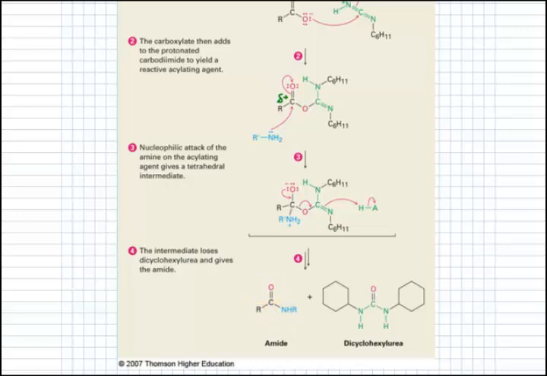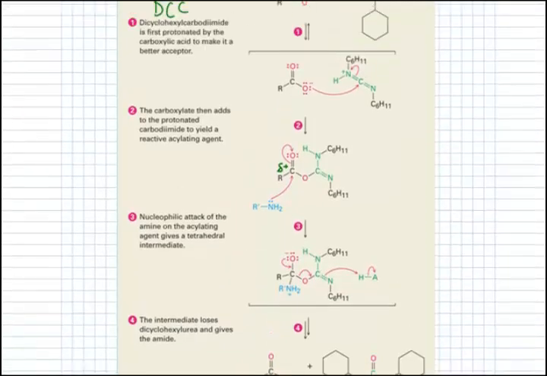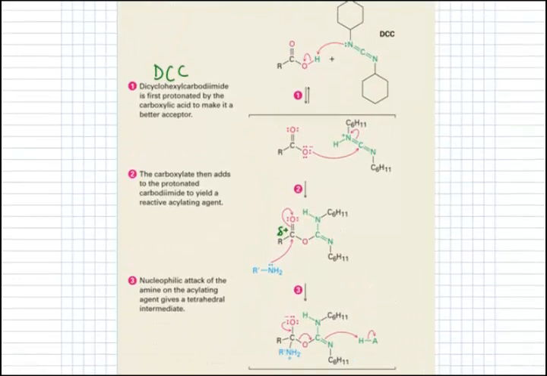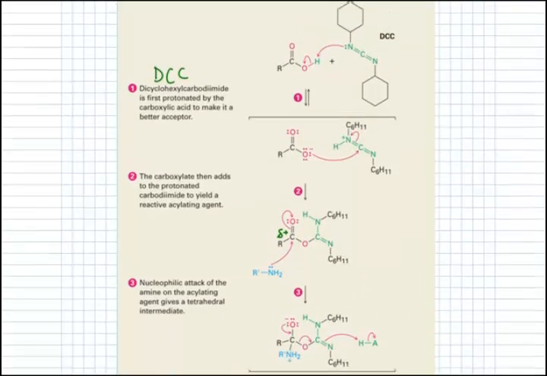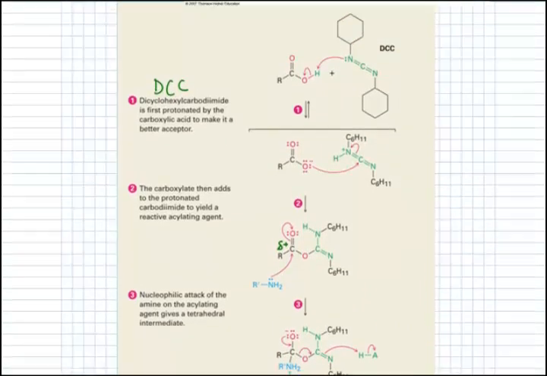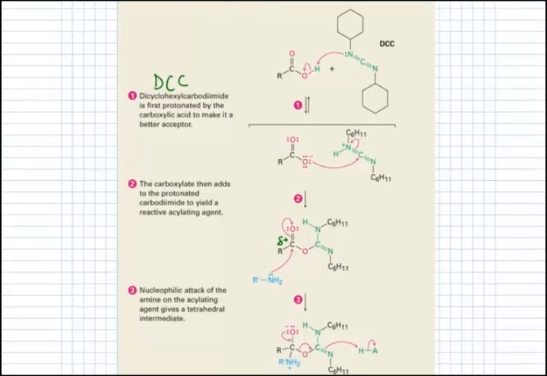This is a little more complicated mechanism that I will not hold you responsible for, but again, like the thionyl chloride mechanism, I may hold you responsible for identifying the function of certain parts of it, being able to see that this right here makes it a good leaving group, for instance, because protonation of that nitrogen gives us a neutral molecule that comes off of it.